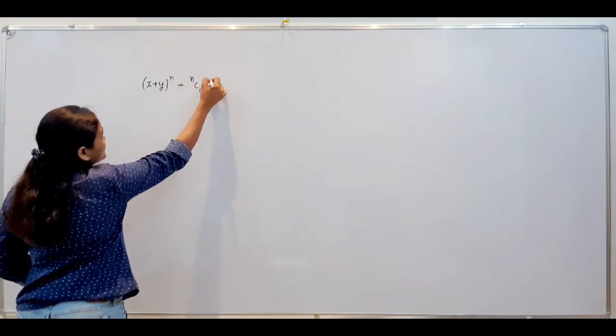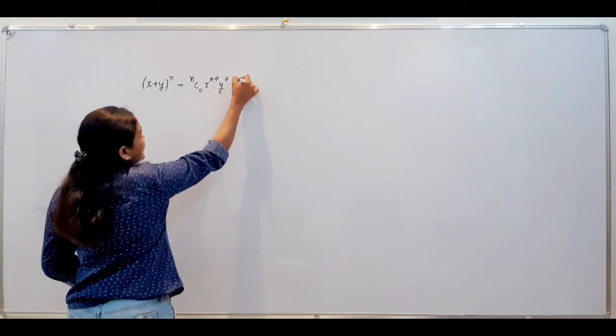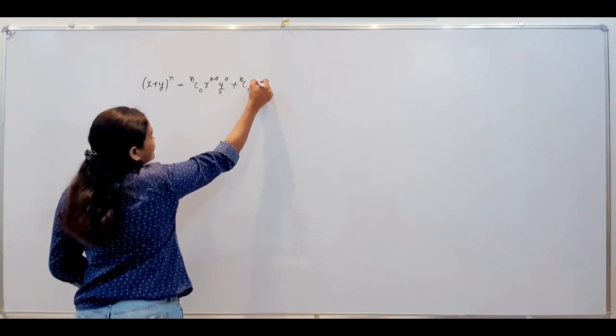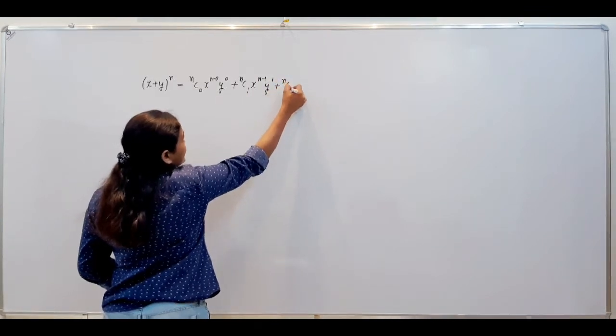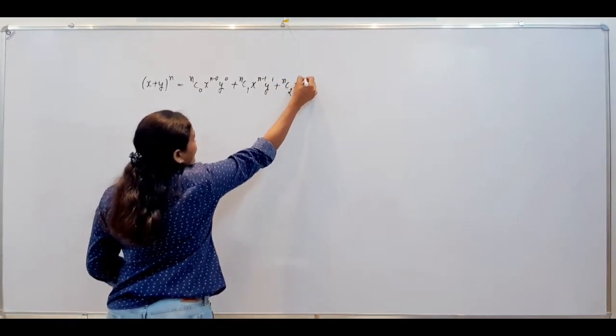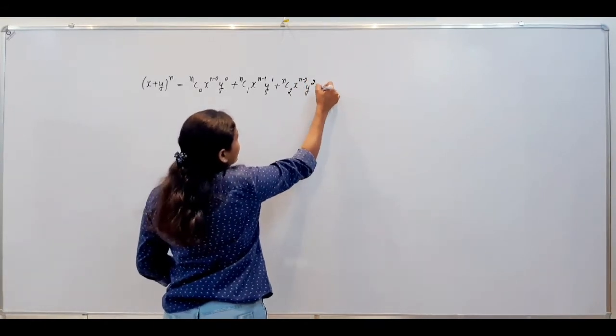nC0 x raised to power n minus 0 y raised to power 0 plus nC1 x raised to power n minus 1 y raised to power 1 plus nC2 x raised to power n minus 2 y raised to power 2 and so on.